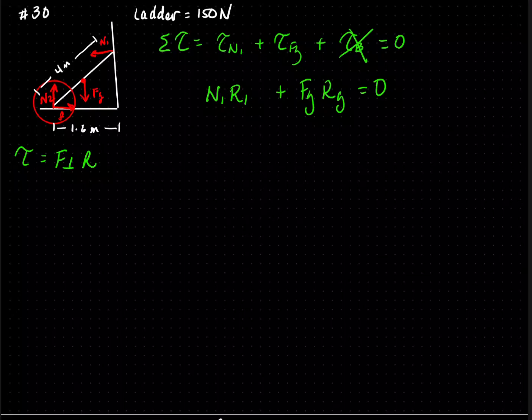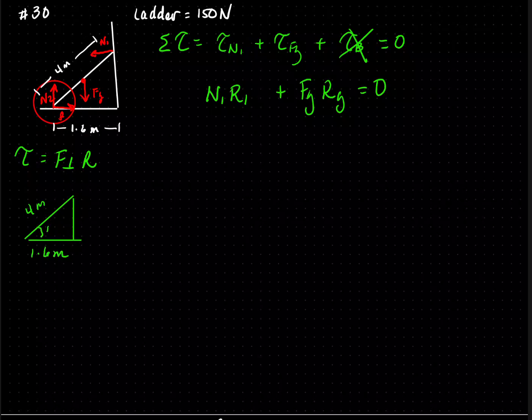Since the angle is not given, we need to solve for the angle because the force and the distance must be perpendicular to each other. So we know the length of the ladder is 4 meters, and we also know that it is 1.6 meters to the wall.